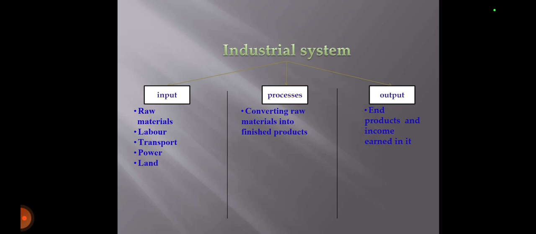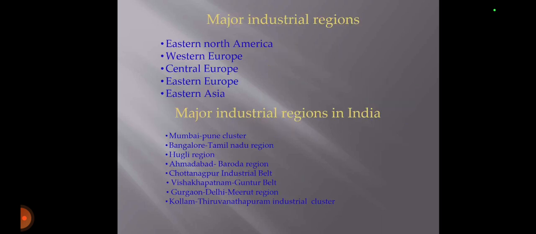And finally the result, output: the end product and income earned from it. It is the industrial system. Major industrial regions: Eastern North America, Western Europe, Central Europe, Eastern Europe and Eastern Asia.